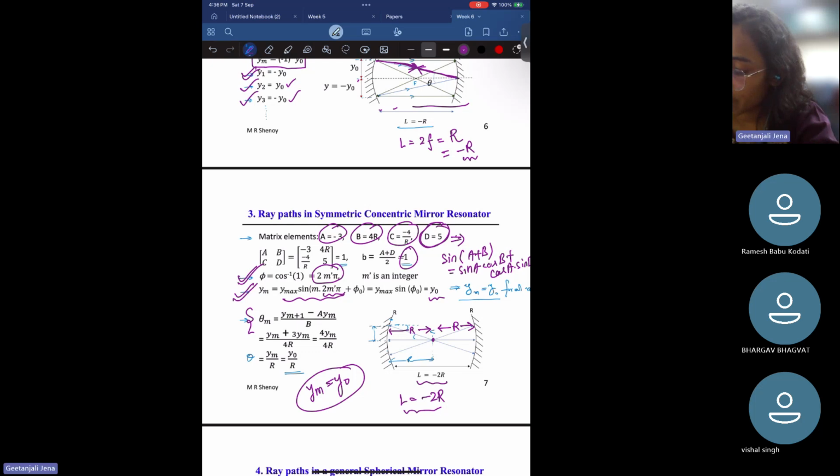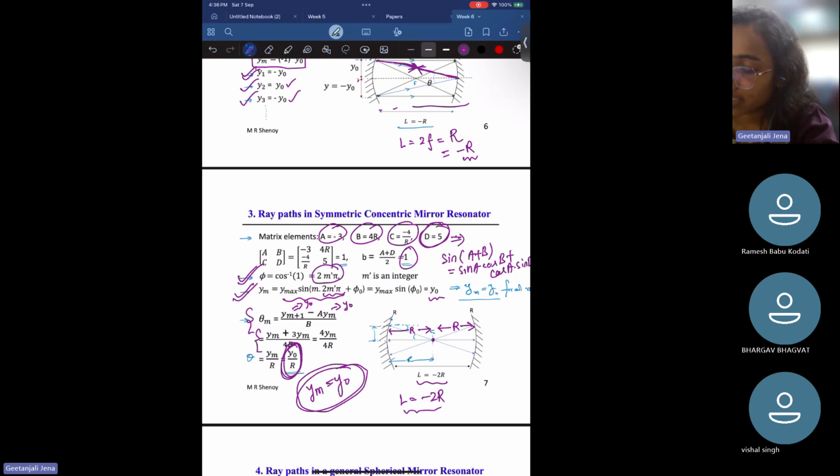So ym is equal to y0, that means this value is y0, and this value is also y0. And the value of A here is not 1. For plane mirror resonator, we have seen A equal to 1, but here it is minus 3 for concentric mirror resonator. So the theta m value we'll get is ym by r, which is y theta by r.